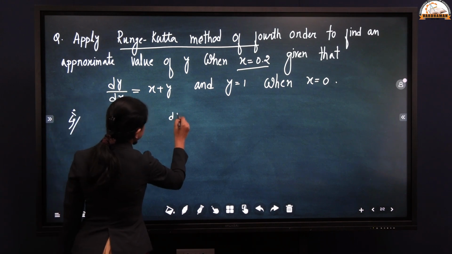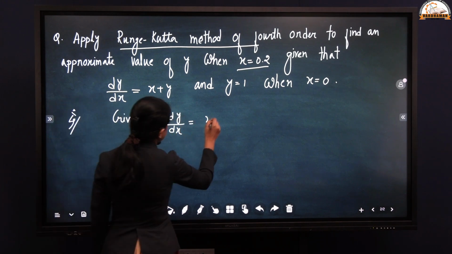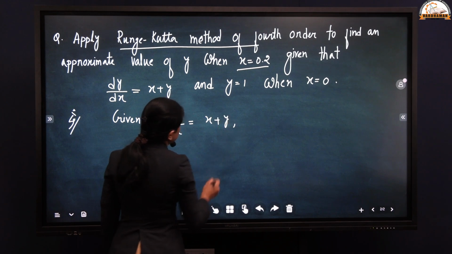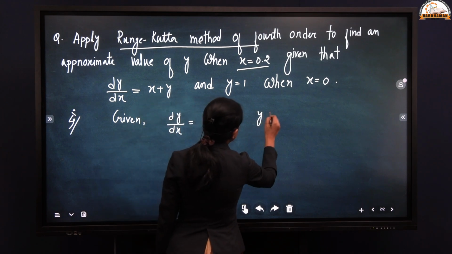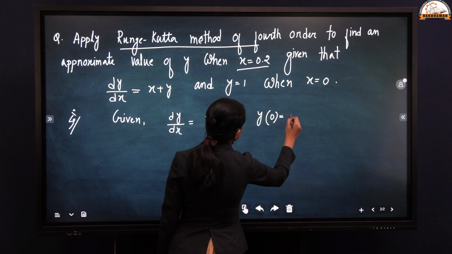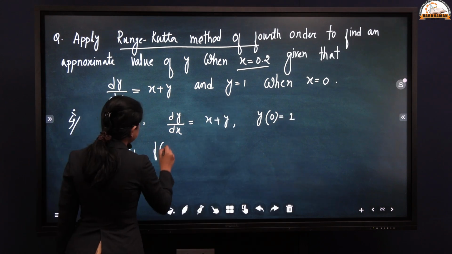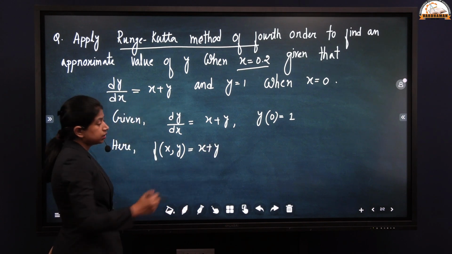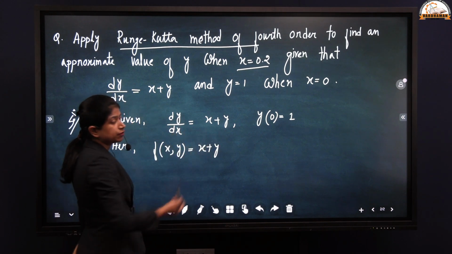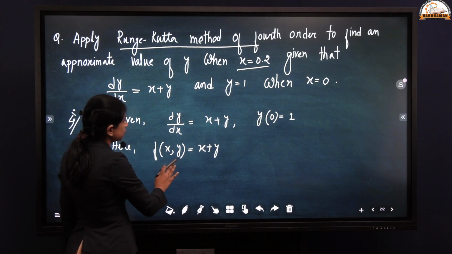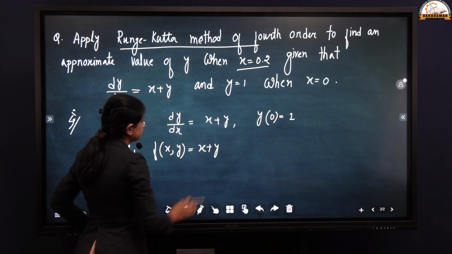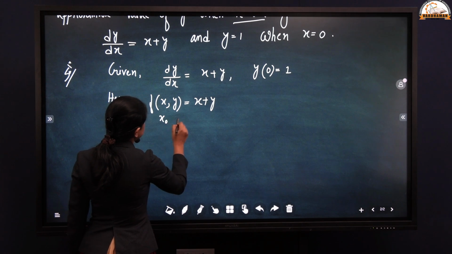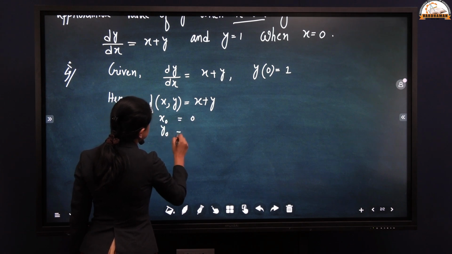Given dy by dx is equal to x plus y with the initial condition y at x equal to 0 is 1. Here f of x, y is equal to x plus y, since dy by dx equals f of x, y. x naught is 0, y naught is 1.